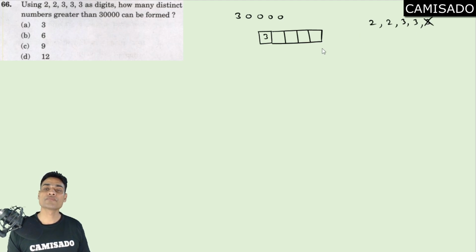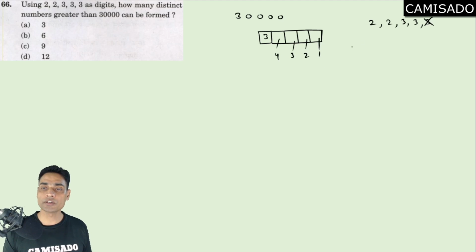Now in these 4 boxes, we have to place these different numbers. The 4 numbers are there, but repetition is also there. So 4, 3, 2, 1, because 4 numbers are there. First 4 numbers, then 3, then 2, then 1. So it's factorial 4, but 2 is coming 2 times, so factorial 2. 3 is coming 2 times, factorial 2. Ultimately answer is 4 into 3 into 2 into 1, divided by 2 into 2 is 4, and it is 6. 6 is the answer.